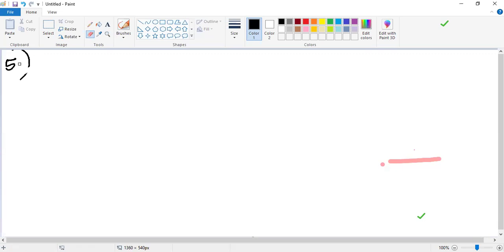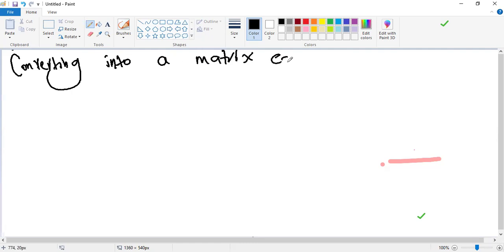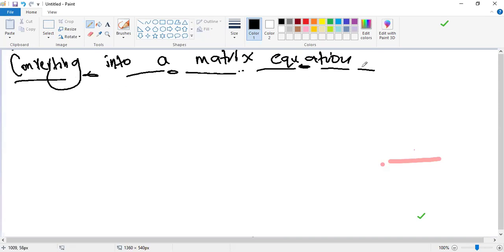Converting it into a matrix equation. So you're given, let's say, a second order differential equation. You're being told to, first of all, break it down into a system of differential equations. And then after doing that, you convert it into a matrix equation.